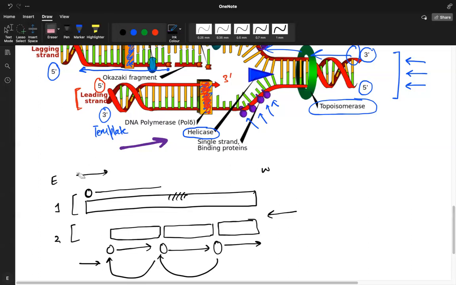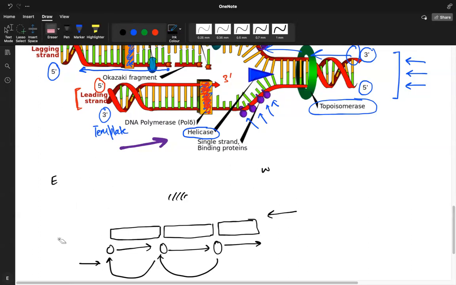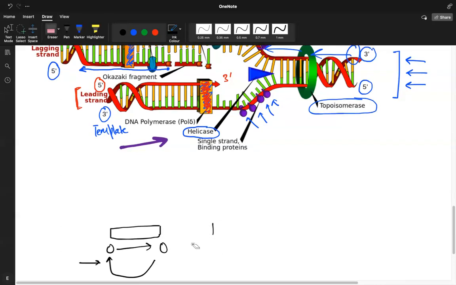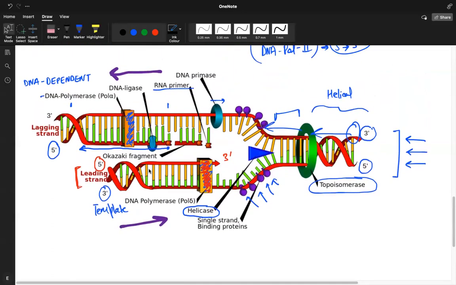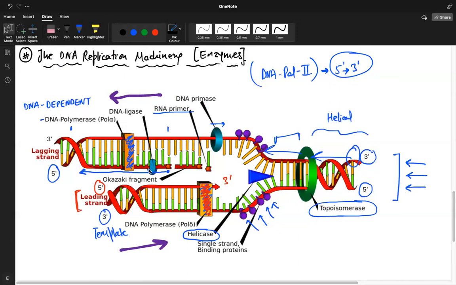Enzymes are molecules that have evolved over time, and how they function is based on how they interact with other molecules. So DNA polymerase has this limitation that it can only polymerize DNA from 5' to 3' direction.